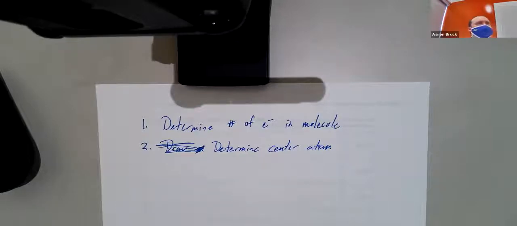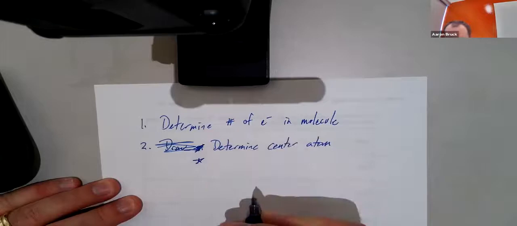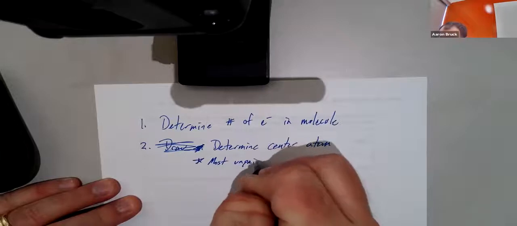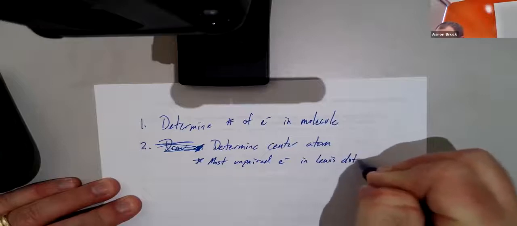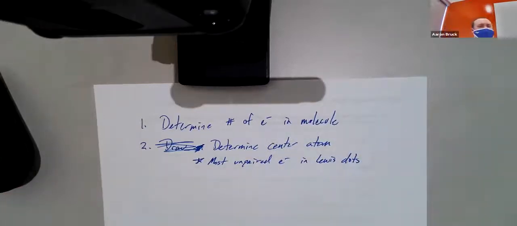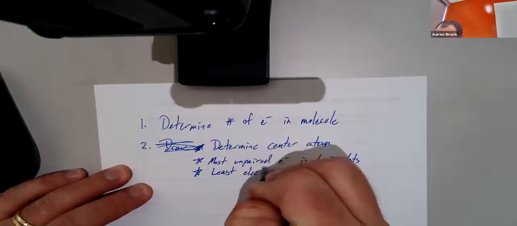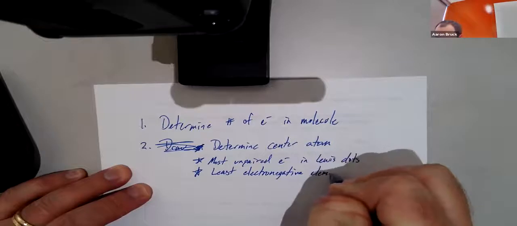Now, there are a number of ways of doing this. Again, Lewis dots tend to help us the most here. We can either do it by evaluating the most unpaired electrons in a Lewis dot structure, or by evaluating the least electronegative element.